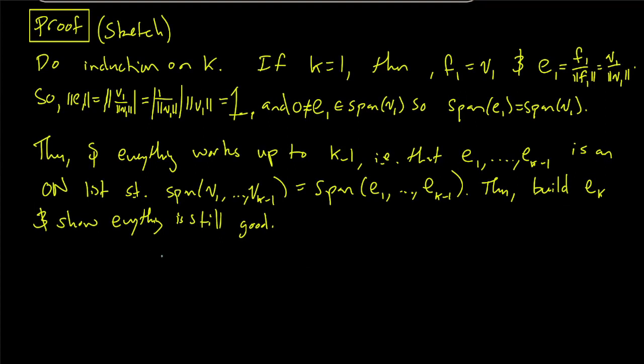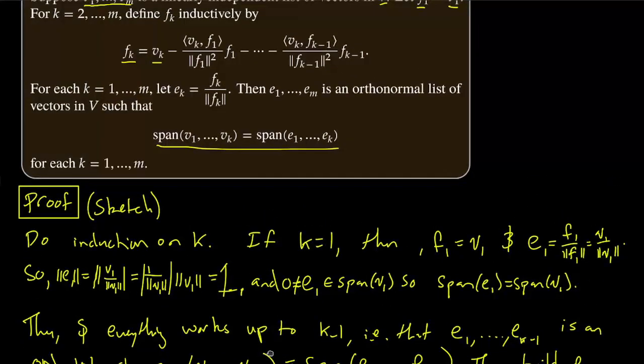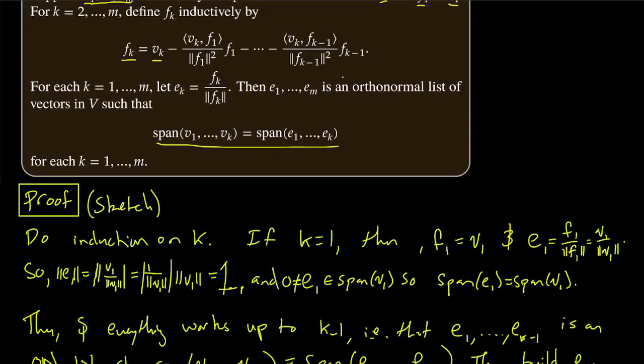So fk is just equal to, well, all we have to do is write it out. fk is still just equal to, let me scroll up a little bit to make this easy to see. It's this terrible looking formula right here.